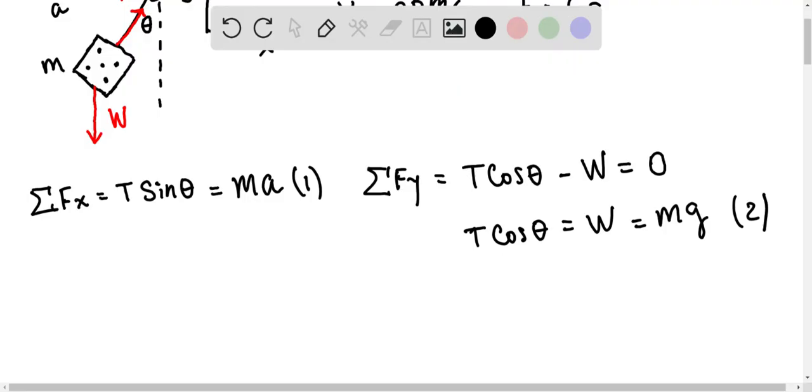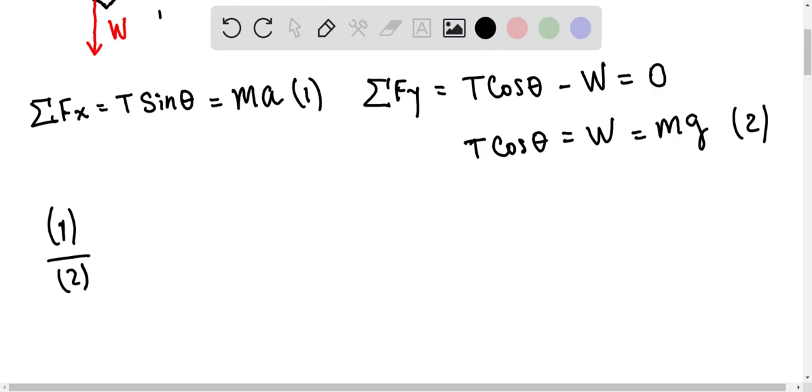What we can do is eliminate the tension, so we divide equation 1 over equation 2.